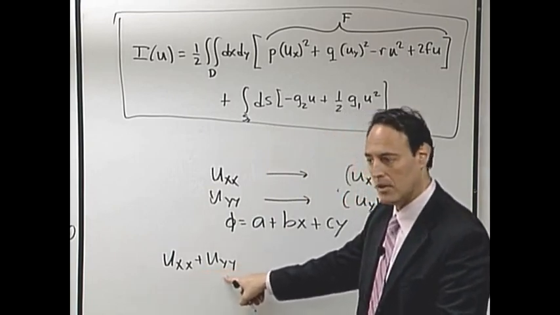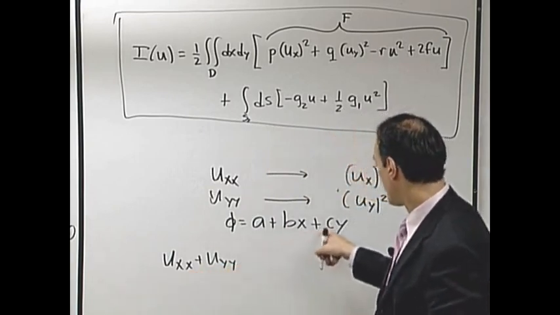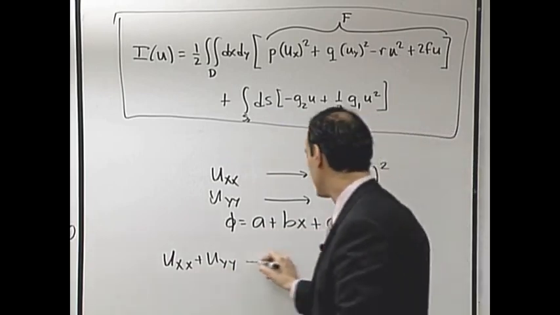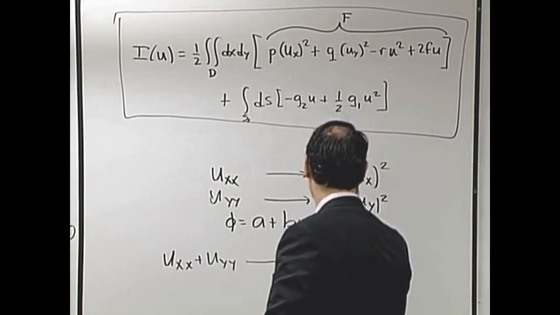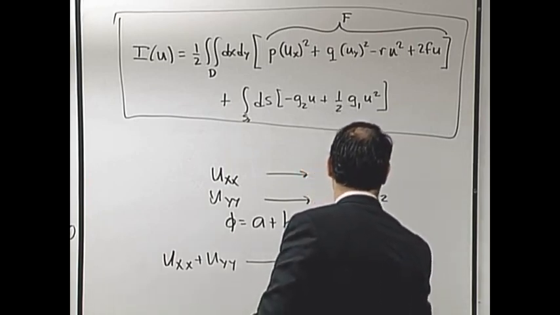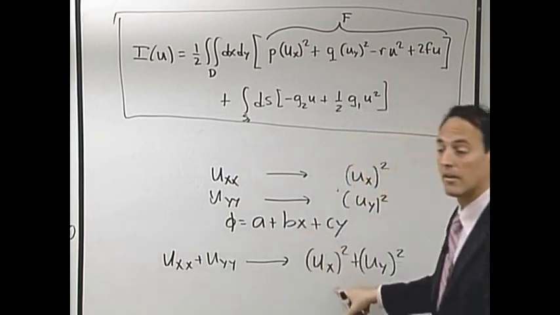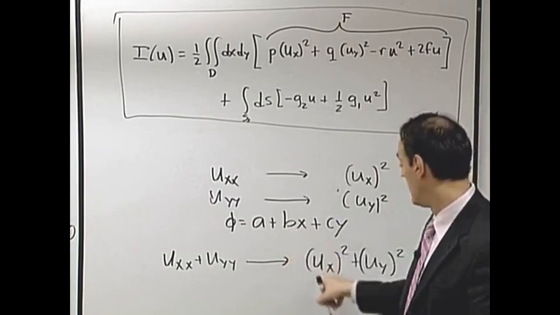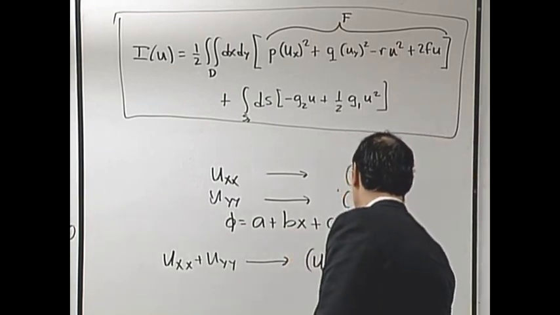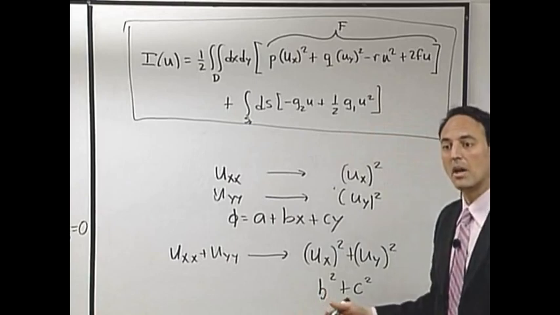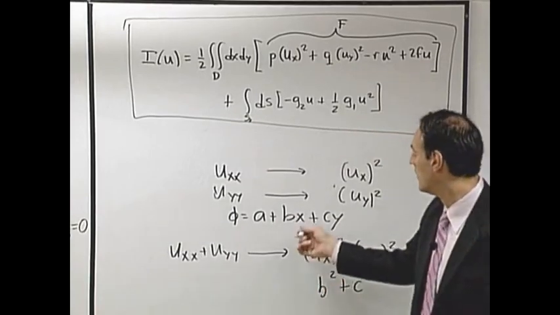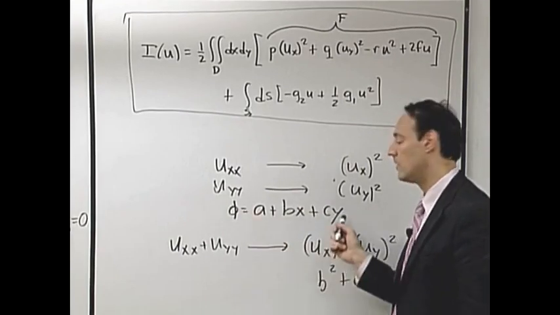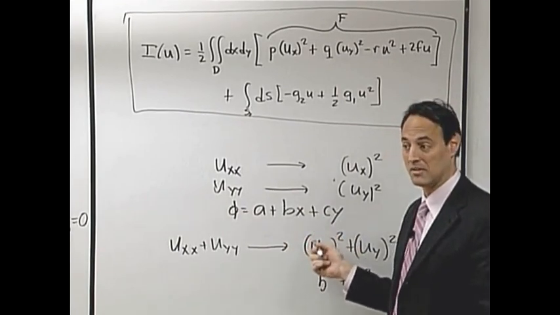I have this here. And I want to represent my solution with that. But if I put that in there, what happens? This is all 0. However, this effectively becomes, does this carry information there? Well, take u of x. I get a b, and I'm going to square it. So this becomes like b squared plus c squared. So my Laplacian has information now if I rewrite it this way in integral form. My Laplacian can handle me using a simplex method.